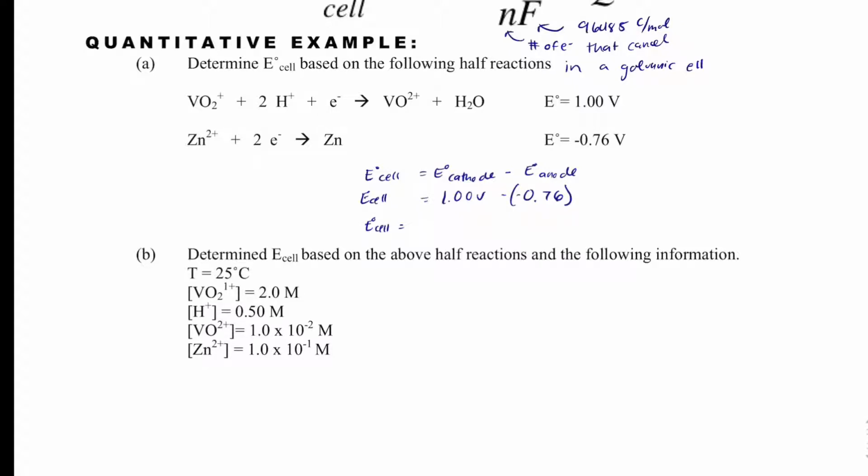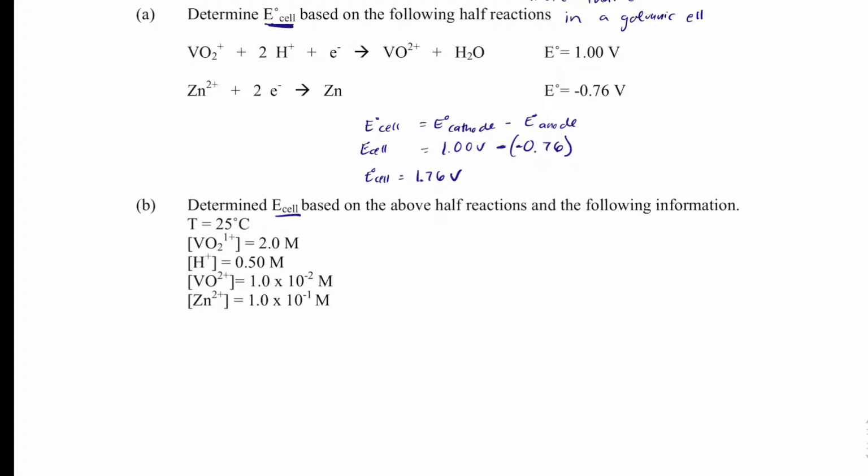A lot of people would say 0.24, but it's minus, so it's really 1.76 volts. Okay. So now we want E cell, not E naught cell. I know it's a subtle difference, but we've got to be able to tell the difference between that.